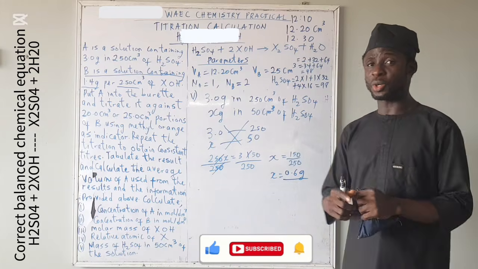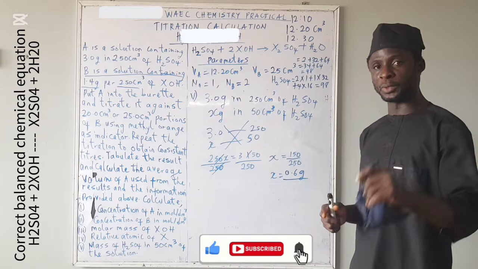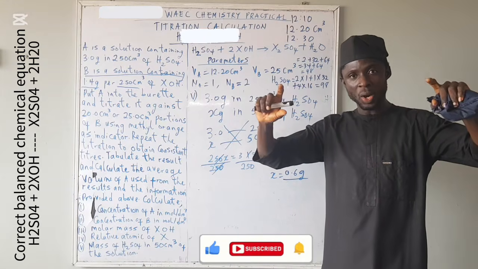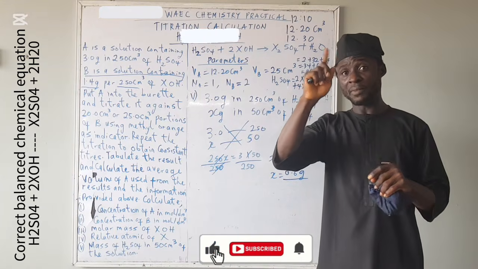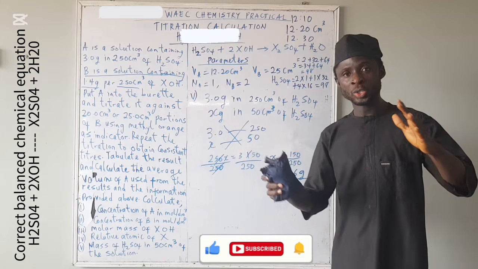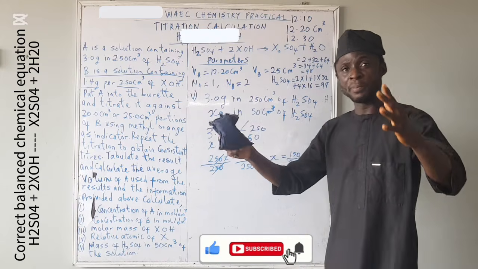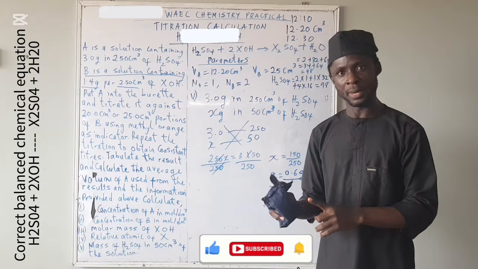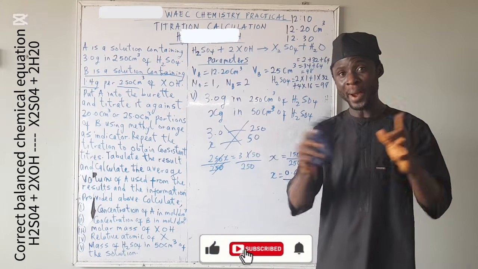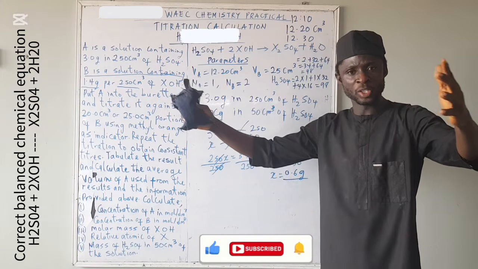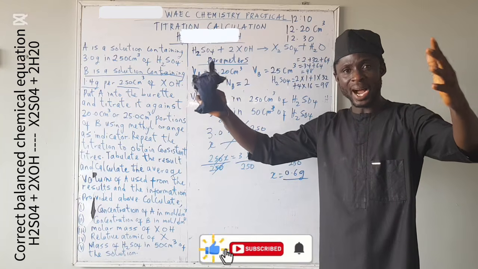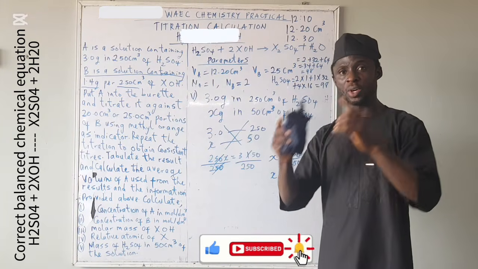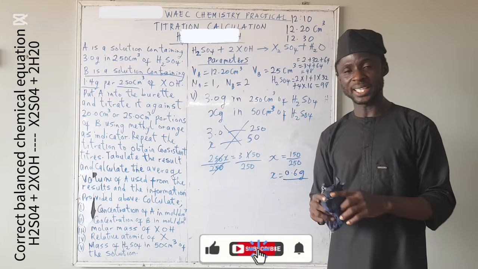But do not forget that when you are getting your theta value, if your teacher has given you your theta value, know that your own theta value must be within the range of plus or minus 0.2 cm. The range must not be higher than that to get your real theta value.